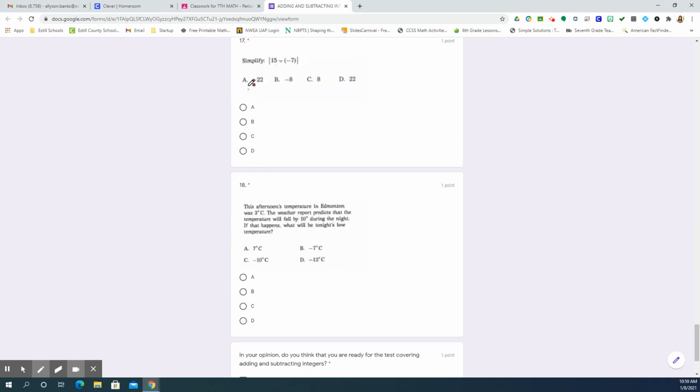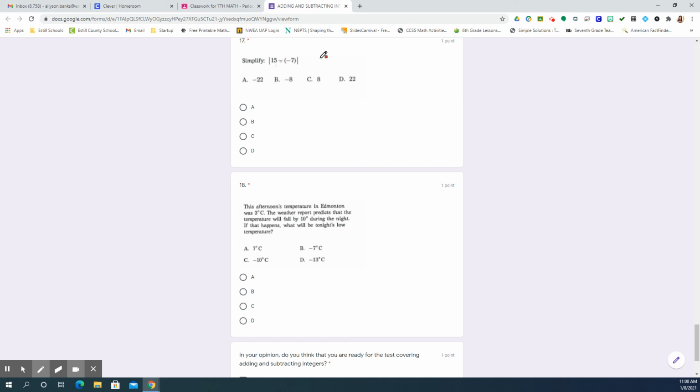Okay. All right, number 17 says simplify the absolute value of 15 minus negative 7. Well, this is subtraction. Don't let these little lines throw you off. Those are just called absolute value lines, okay? Absolute value means the distance from your 0 on a number line.